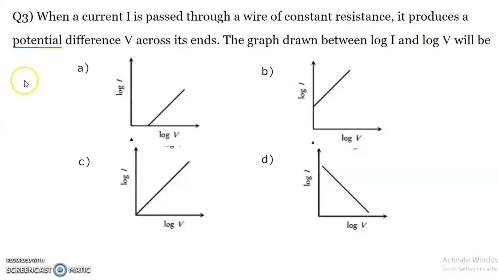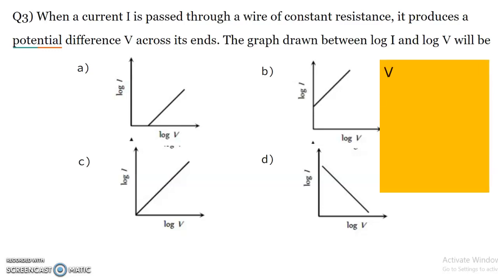Alright, so we are going to use Ohm's law here once again, and we'll also use a little logarithm. So we write V is equal to IR, and taking log on both sides, that gives us log V is equal to log I plus log R. Now we need to write this according to y is equal to mx plus c, rearranging according to y and x.